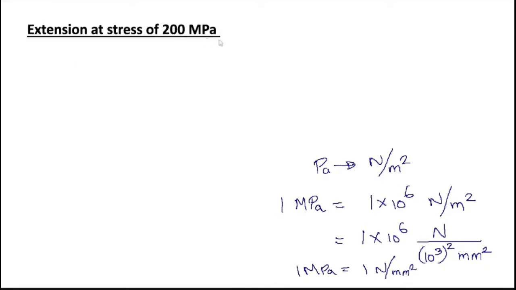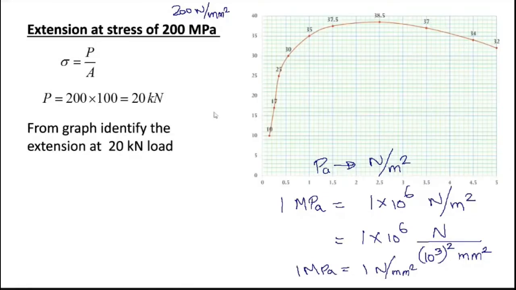Here, 200 megapascal is 200 Newton per mm square, right? Directly I can write this. So I'll identify what my force is. Then force is 20, I'll take 20 here. I will draw a line, and then I'll go downward.